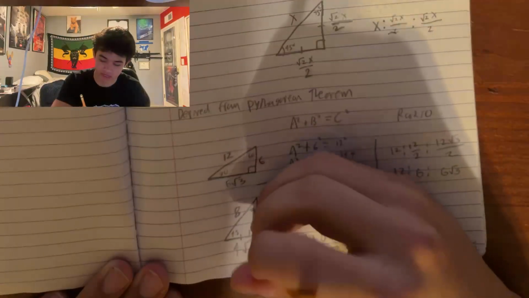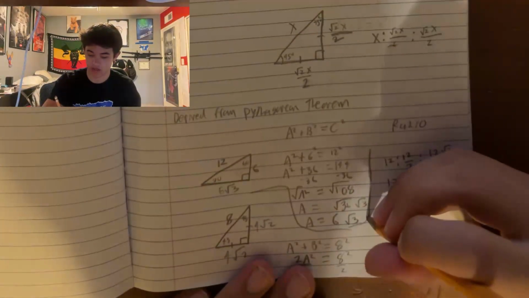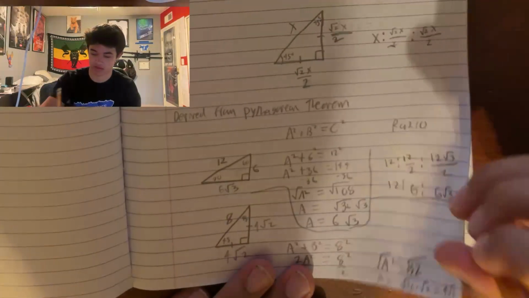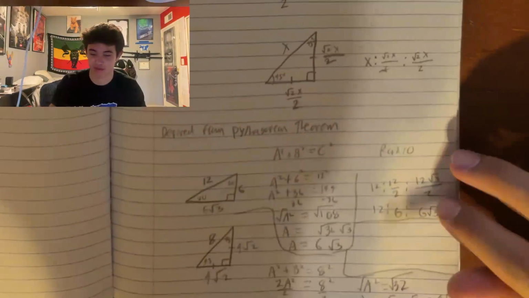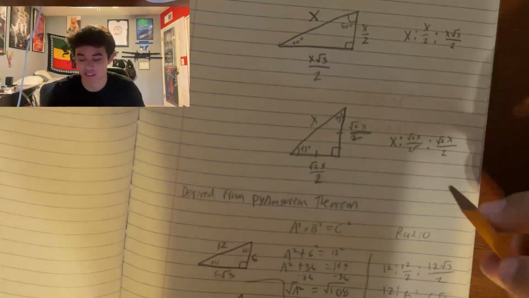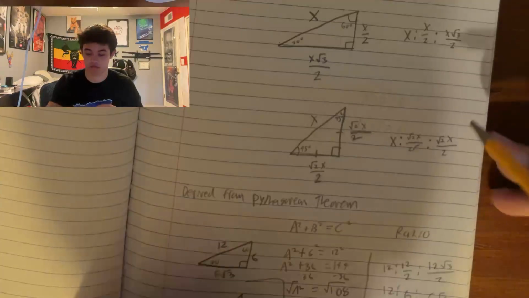Now look how much space and how much thinking that took. Now let's see how fast we can do it with the ratio. So it's x, root 2 times x over 2, root 2 times x over 2.